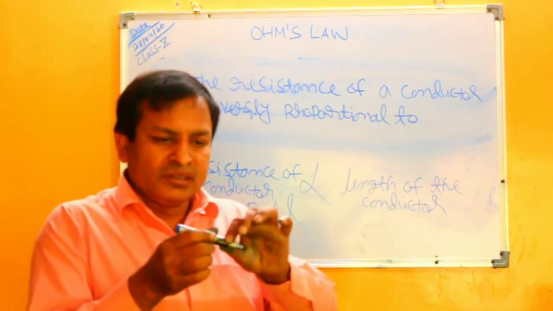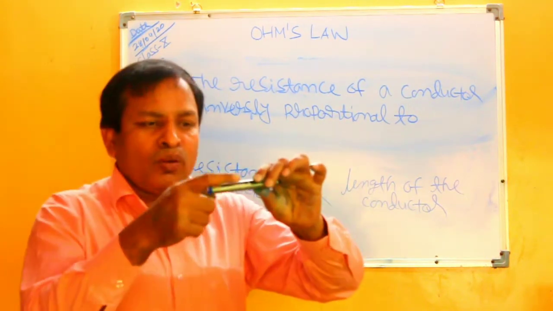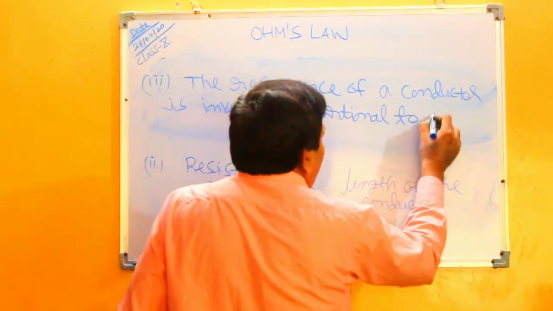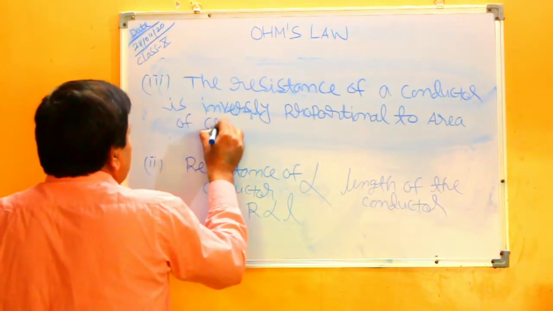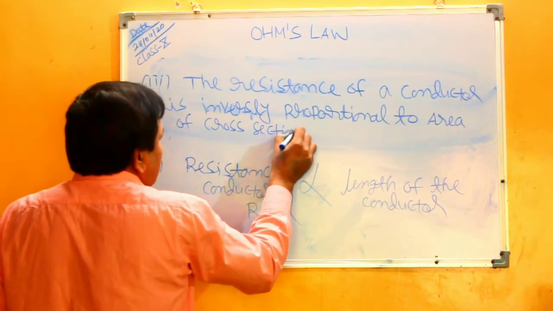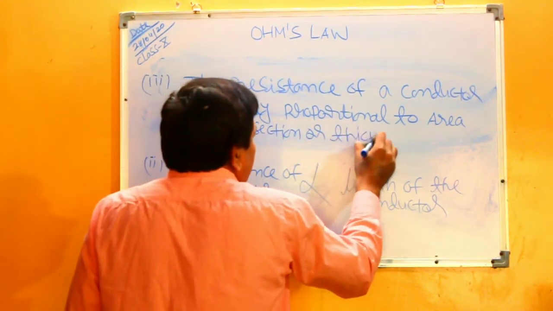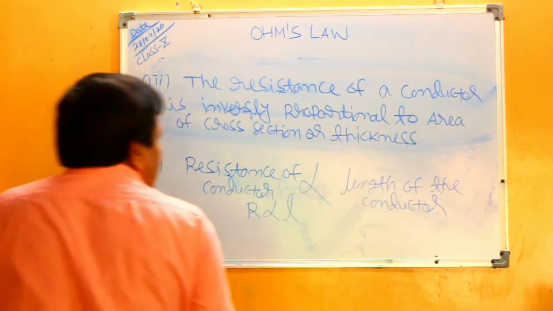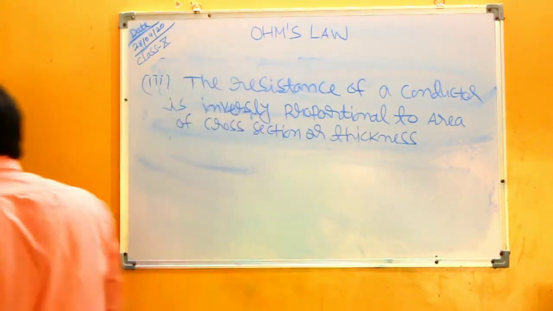Both are the same. Look at this. This rounding is known as the area of cross section. It means if the thickness is large, the resistance will be less.